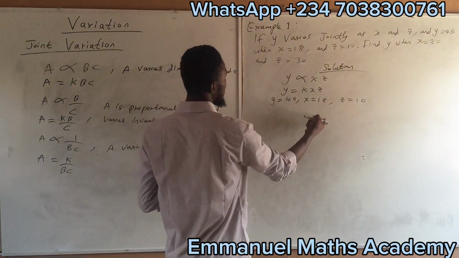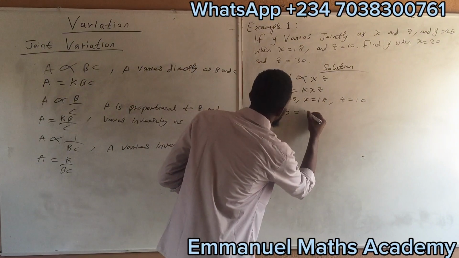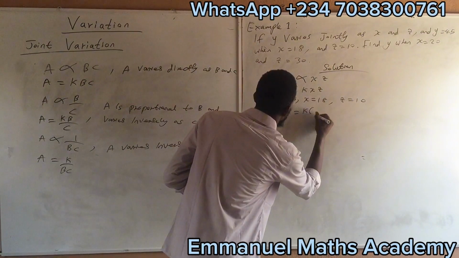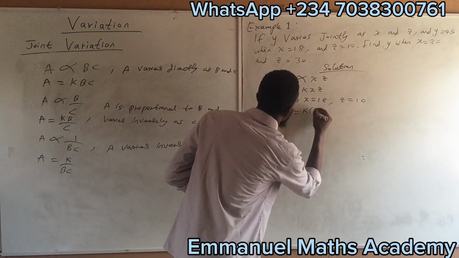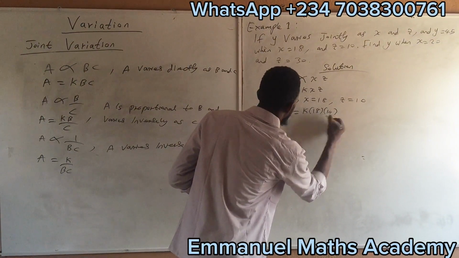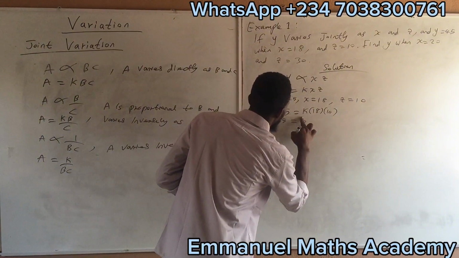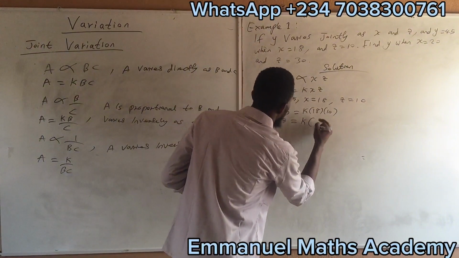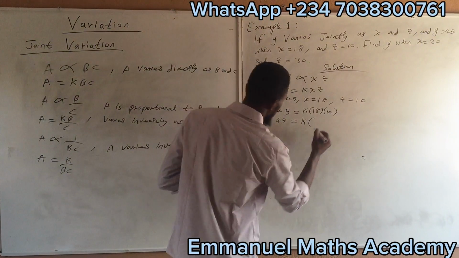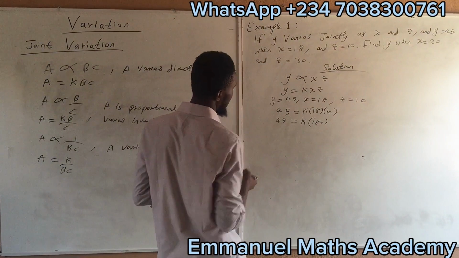We have 45 equal to K times X, which is 18, times Z, which is 10. 45 equal to K times 180, since 18 times 10 gives 180.